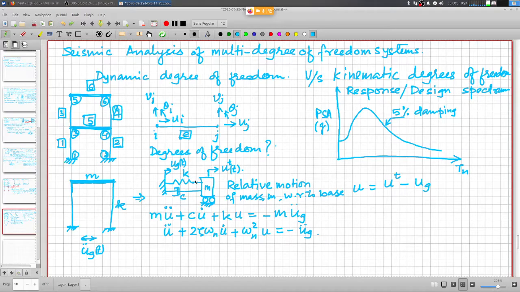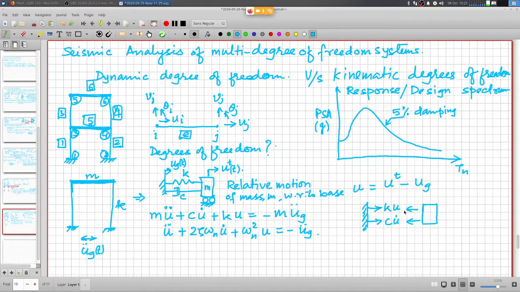So now this will be equal to, if I look at the free body diagram of the mass m, right?